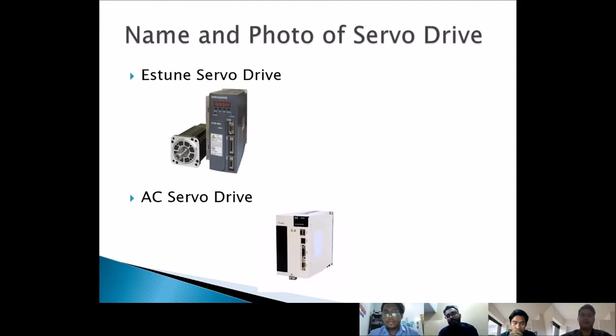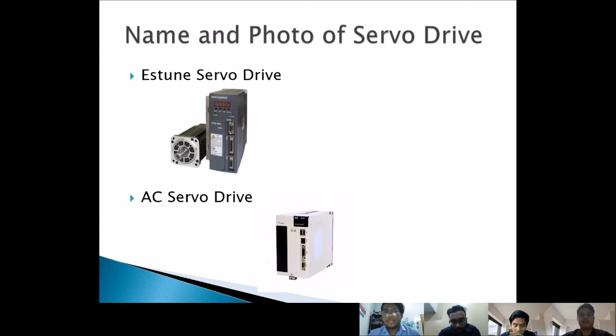Assalamualaikum and very good evening, everyone. Today I'm going to explain about the name and type of servo drive. On this slide, there are two pictures that I gained from the internet.